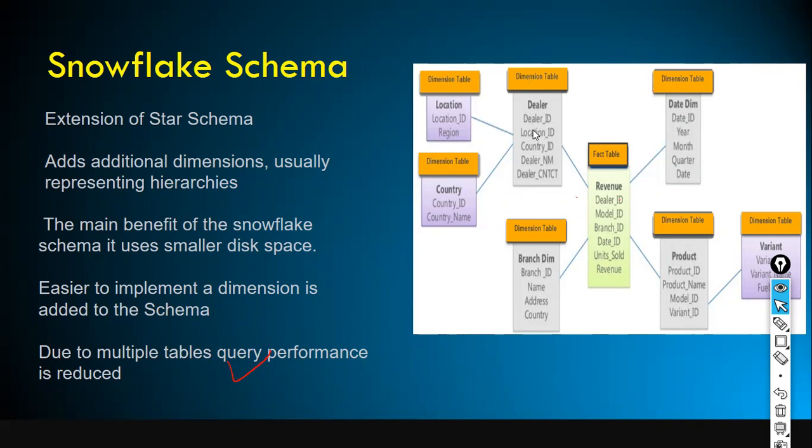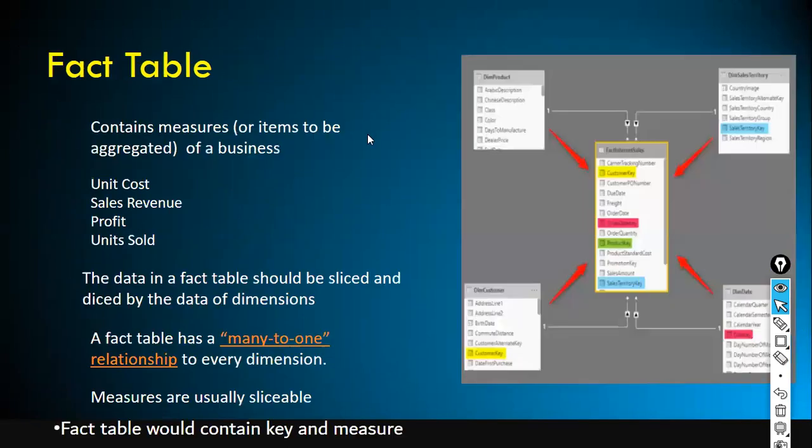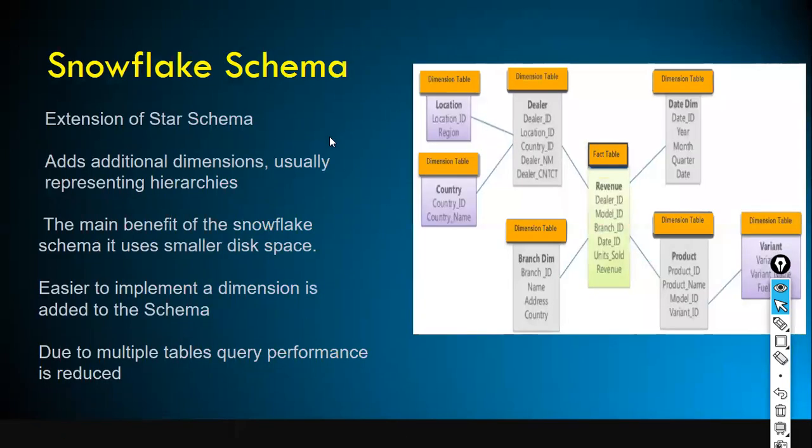So the location table has no direct link with it, you need to join these two tables and you need to join these two tables. Only then you'll be able to filter the fact table. In this case, I'm talking about the location dimension. Since joining multiple tables will literally slow down your report, that's the reason why Microsoft suggests you use the star schema instead of the snowflake schema.